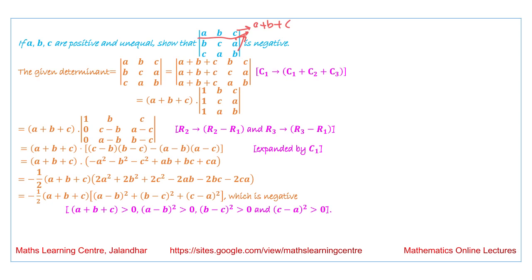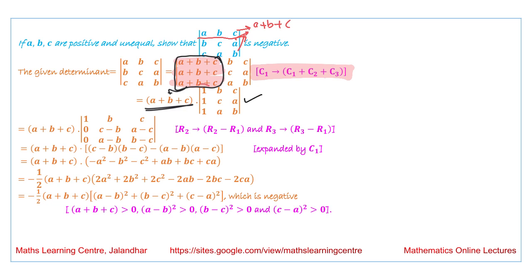The operation we have performed is column 1 approaches column 1 plus column 2 plus column 3. So all these elements become a plus b plus c. Now if we write a plus b plus c common from this first column, we are left with this determinant.